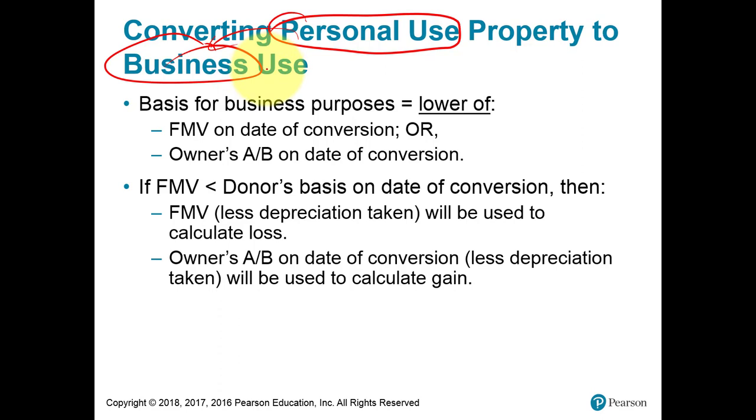Or a common situation is you have your personal residence, you live here, and then later on you convert it to a rental property. Well, what you have to do is the time you convert it, you look at the value of the property and you compare it to the original cost basis and you use the lower of the two. It's almost like that gift rule we saw a couple slides ago.